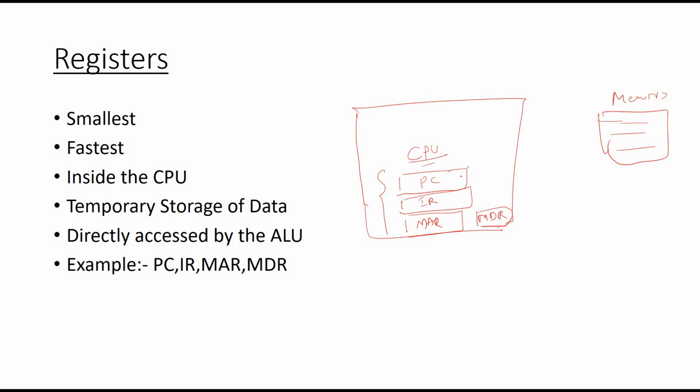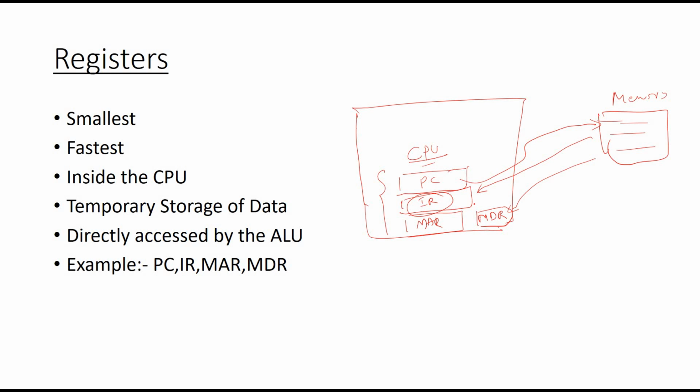For example, the program counter will contain the address of the next instruction to be executed. During the execution of an instruction, first the instruction needs to be fetched from memory to one of the registers, like the instruction register. Then the instruction in the instruction register will be decoded by the CPU, and based on the instruction type, if it needs data, then the corresponding data will be loaded into the memory data register.